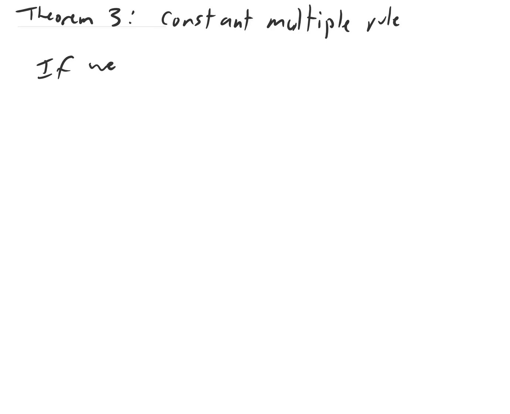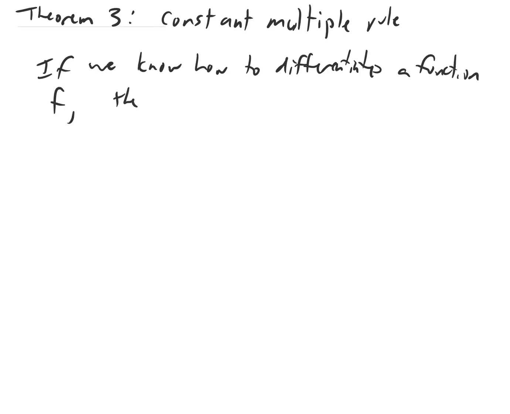Next rule, constant multiple rule. So, say we have a function, say we know how to differentiate, that means we know how to find the derivative of some function, just call it f.